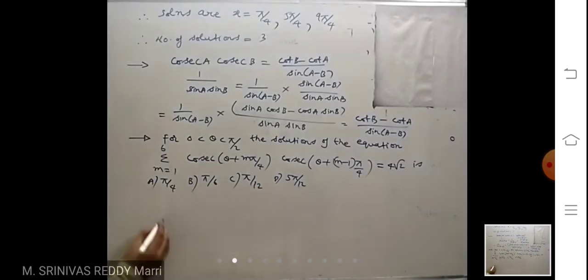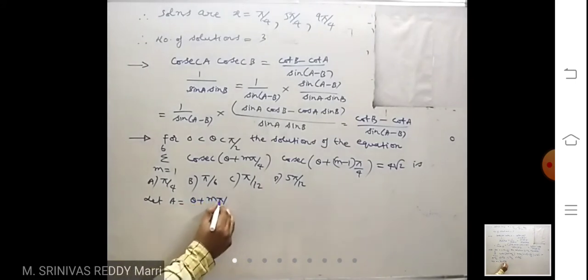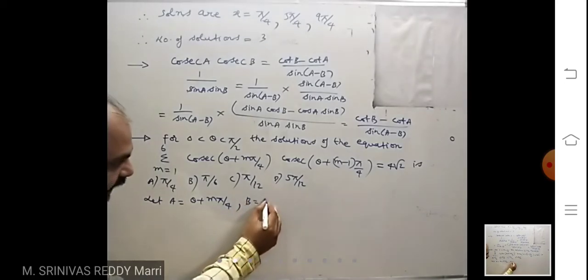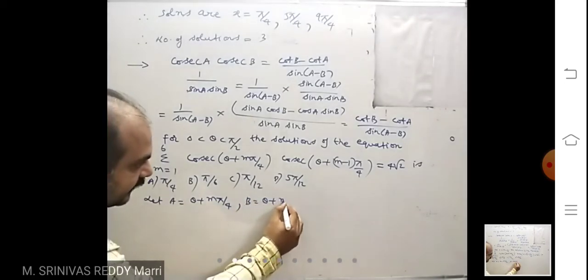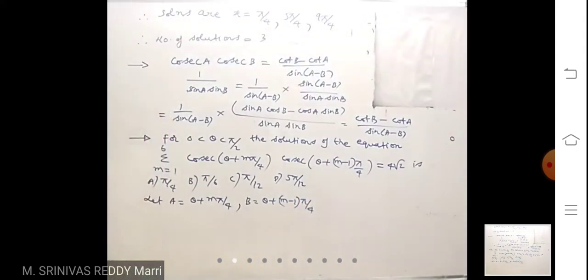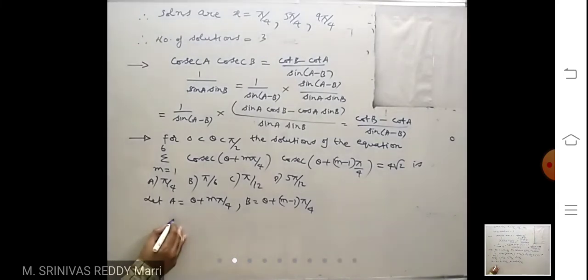Now let us take angle A equal to theta plus m pi by 4. I am taking this as angle A and angle B as theta plus m minus 1 into pi by 4. Right? Now our problem is nothing but sigma.